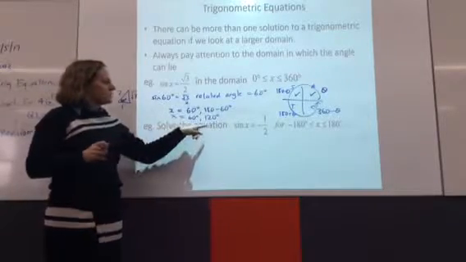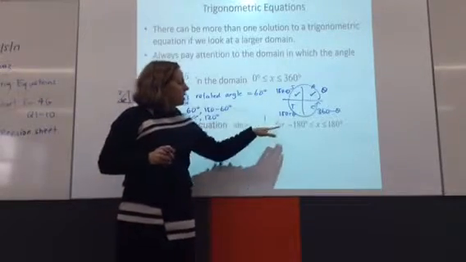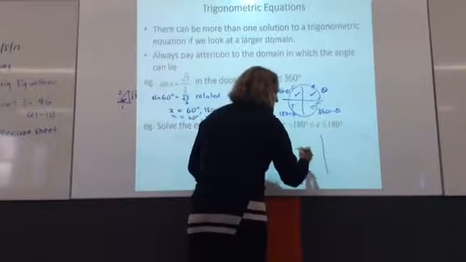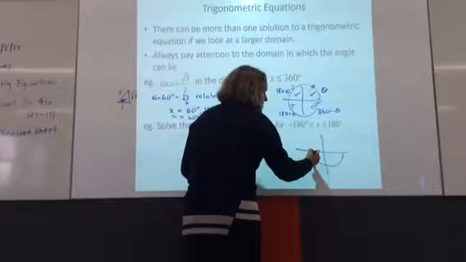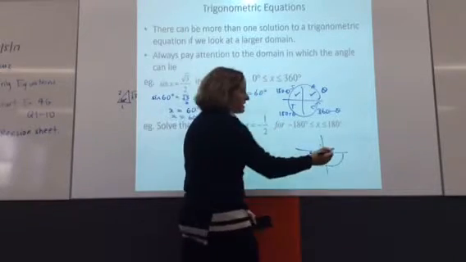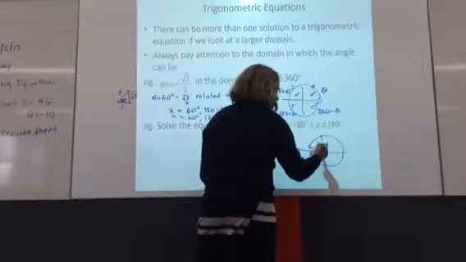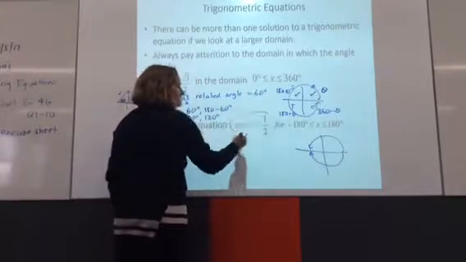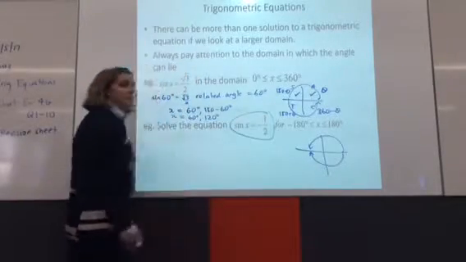Now, solve the equation. When I solve this, I'm actually going between minus 180 and 180. So when I solve this equation, I'm going to go this way in the negative direction, and I'm going to go this way in the positive direction. So I'll keep that in mind. Now, this is my equation. My answer is minus a half.